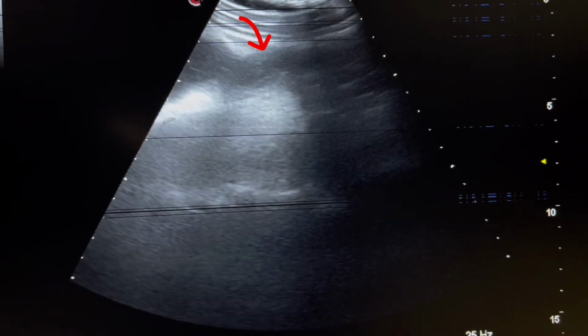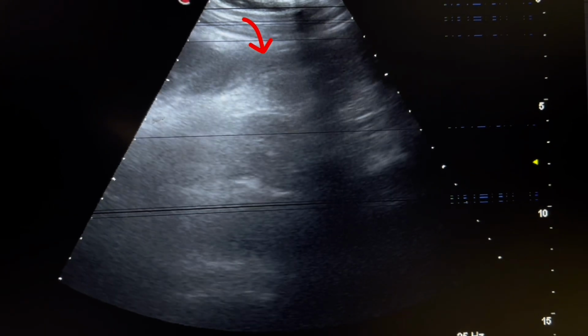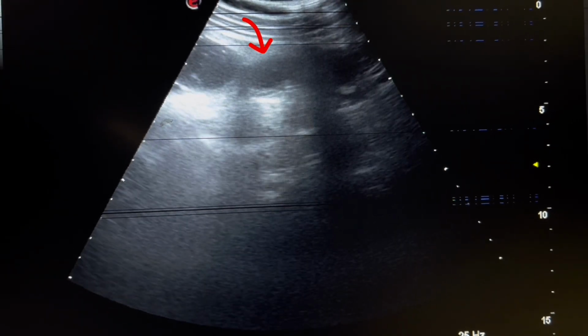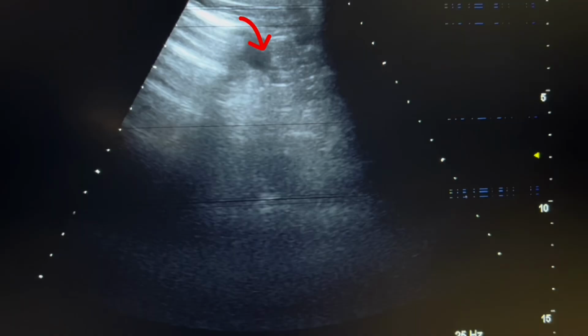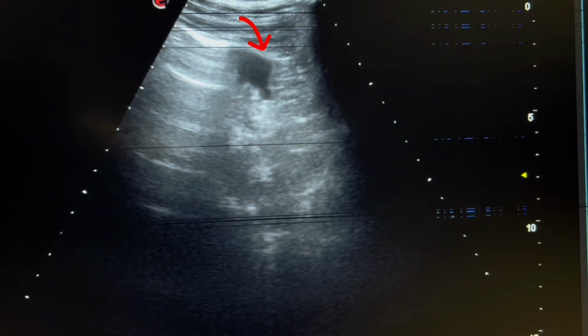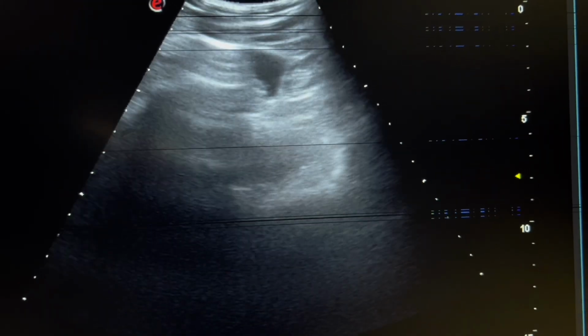This is the descending colon, which contains fluid and gas particles. Now, how will we write the report?